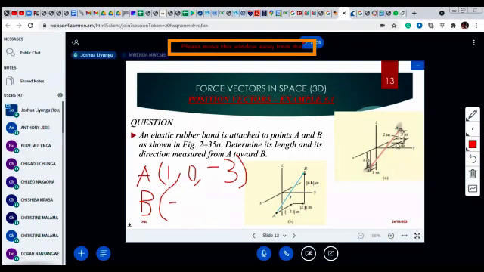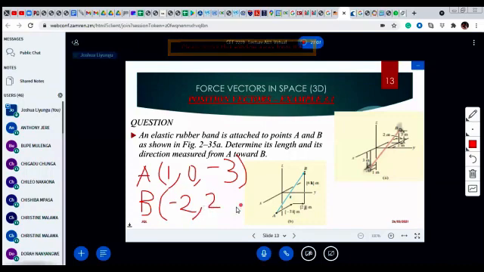Yes, it's supposed to be negative 2. Then a positive 2 and a positive 3. Once I have this, I now need to find a position vector which will be R. It is moving from A to B, so it will be RAB.